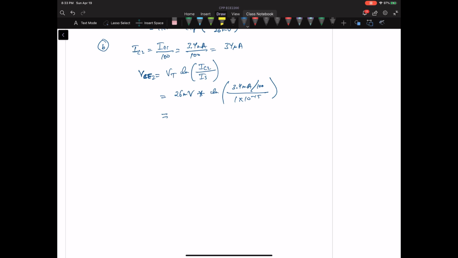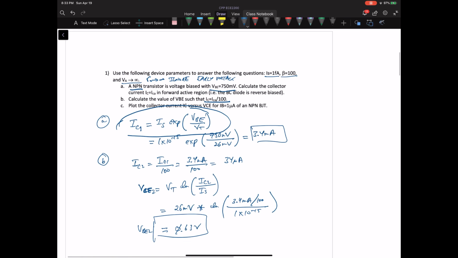And that ends up being 0.63 volts. That's your second VBE2. So that's the answer to B.